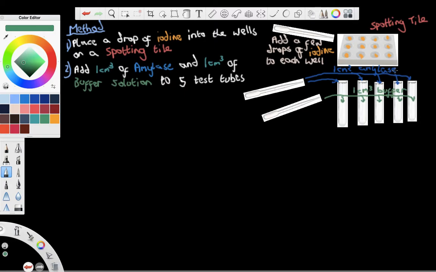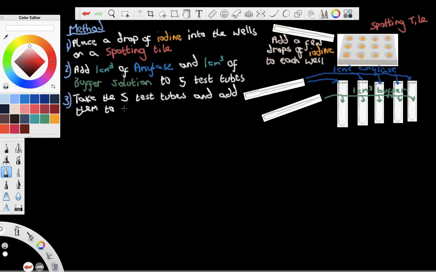Now you're going to take your test tubes and you're going to add them to a water bath. So number 3, take the 5 test tubes and add them to a water bath set at 37 degrees Celsius.